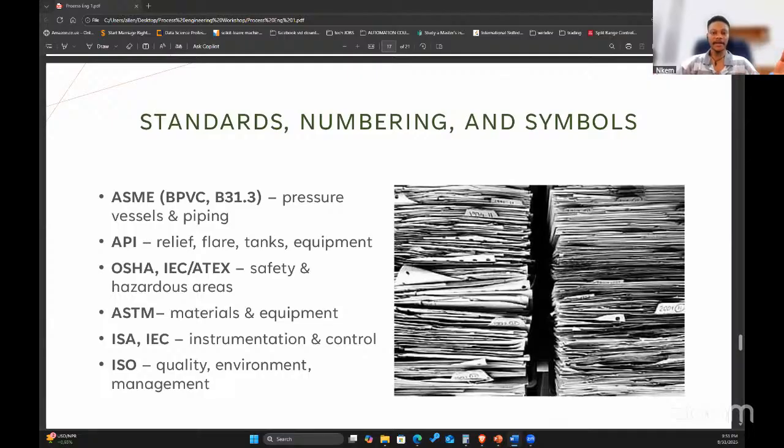Then we have the ASTM, which is for materials and material testing. So usually, you'd have, for example, a glass bottle containing maybe a chemical or, let's say, acid. Now you have your material data sheet there. ASTM guides all of this. We have the MSDS, material safety data sheet, at the back of this bottle containing the acid.